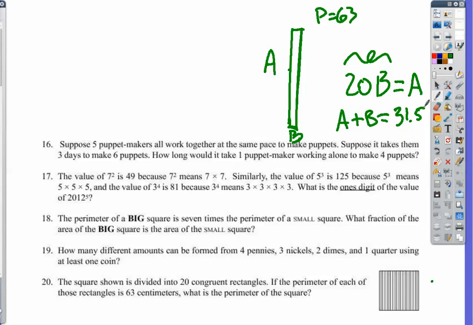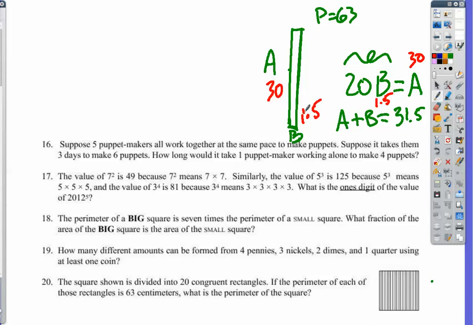And Campbell's yelling at me 1.5. Well, this is a little guess and check. If B is 1.5, that would make A 30. What is 20 times 1.5? Well, 20 times 1 is 20. 20 times 0.5 is 10. It's 30. So I know that A is 30, B is 1.5.